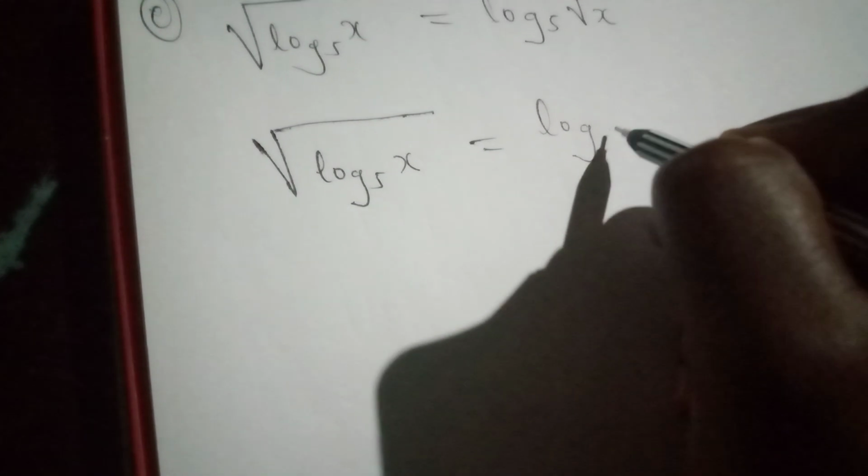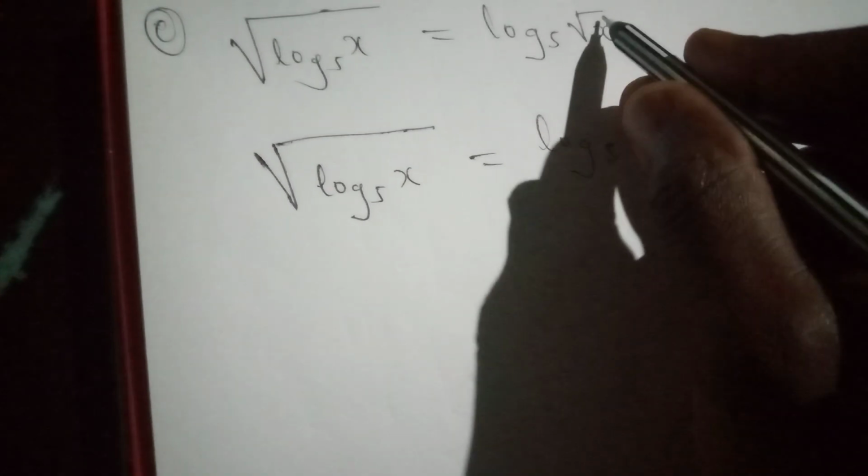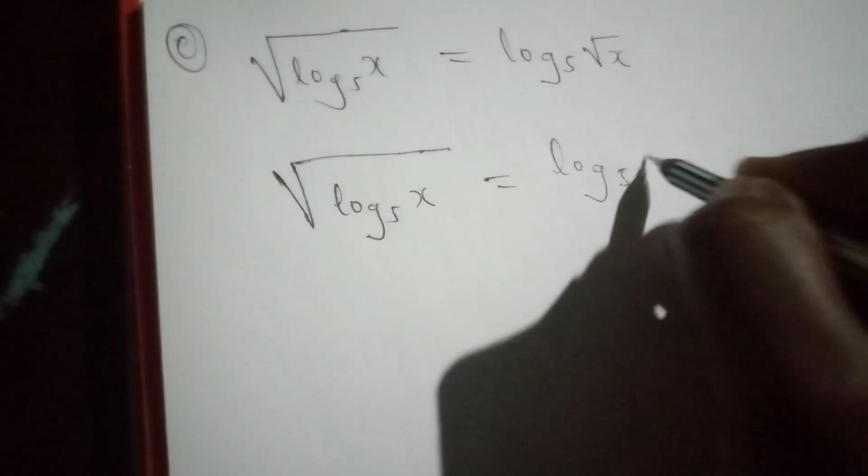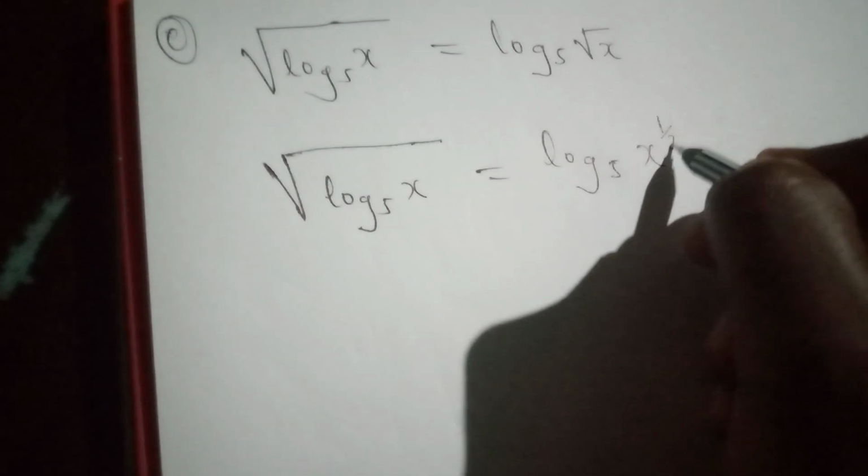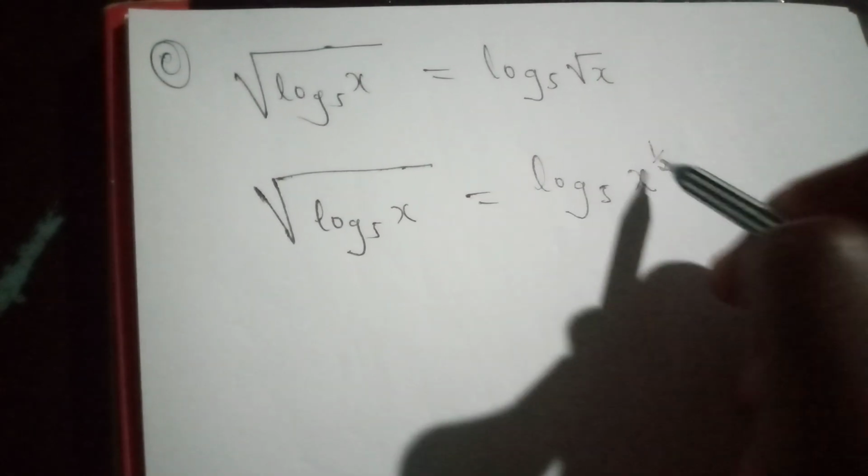So this is remain constant. Log base 5 of the square root of x is the same as writing like 1 over 2. That is what it means.